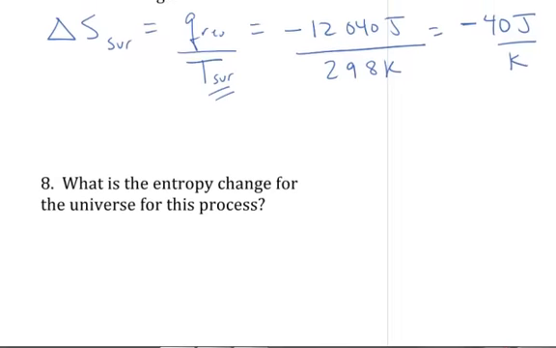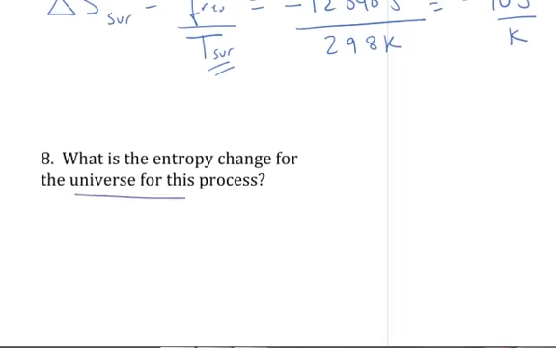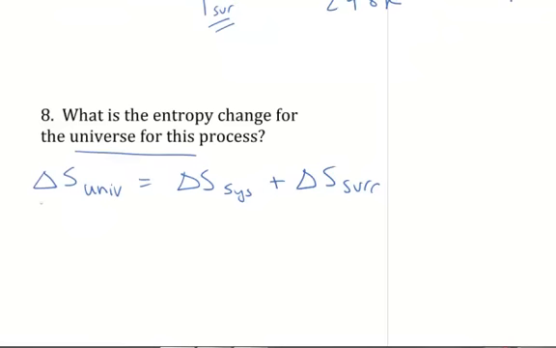Now I've got the change in entropy of the system and the surroundings. So what is the entropy change for the universe for this process? The change in entropy for the universe is equal to the change in entropy for the system plus the change in entropy for the surroundings. Remember, the second law says if the entropy of the universe is increasing, then it's going to be a spontaneous change. That's the second law.